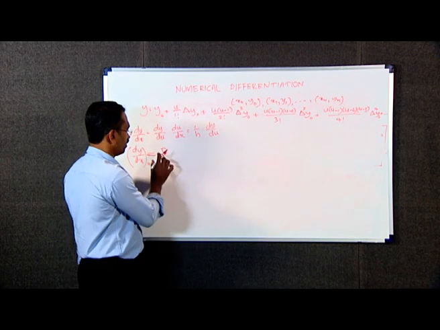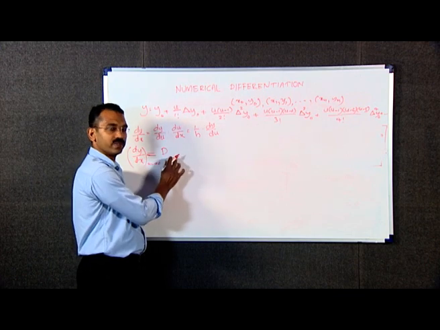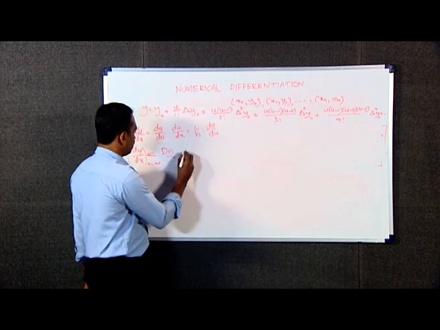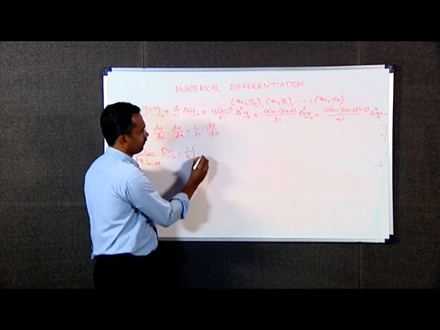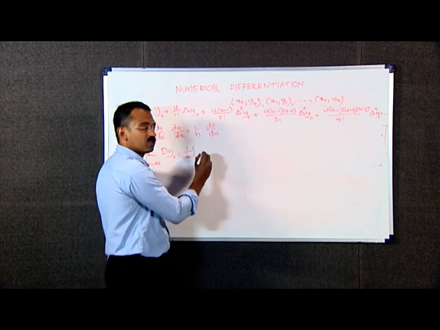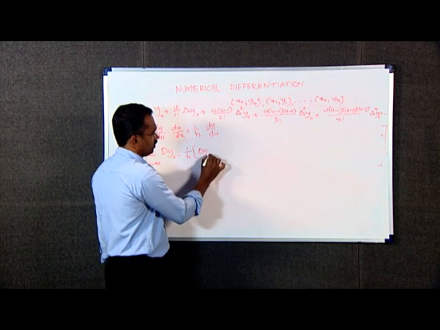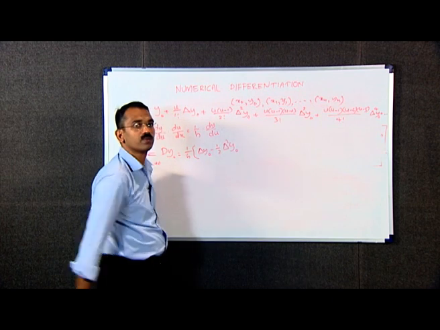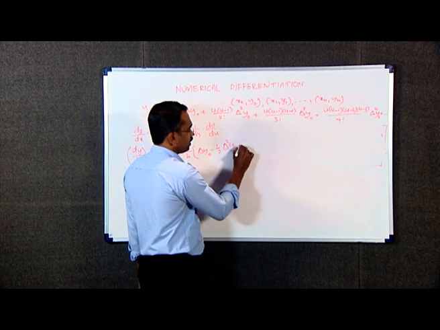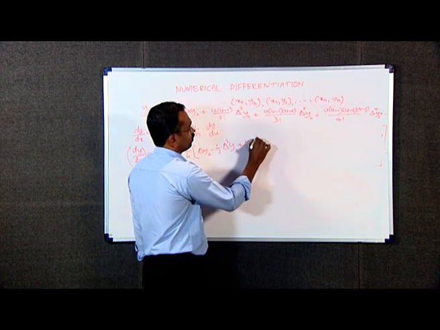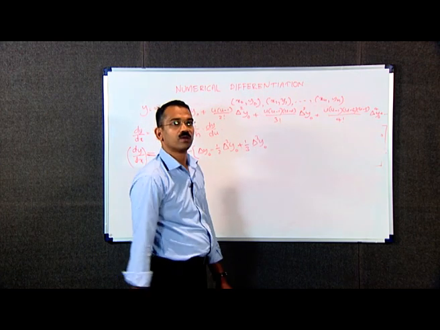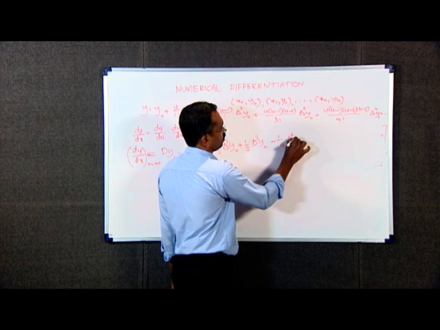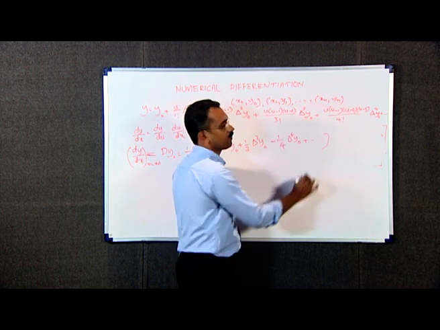The symbol of the differential operator is capital D. D y naught is equal to 1 by h into delta y naught minus 1 by 2 delta square y naught plus 1 by 3 delta cube y naught. Next is minus 1 by 4 delta raised to 4 y naught plus etc.